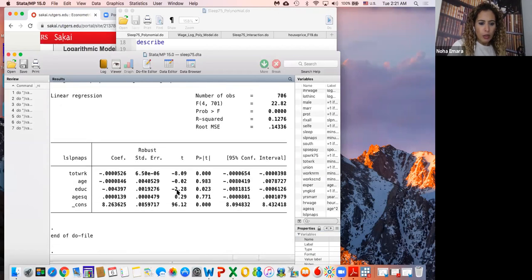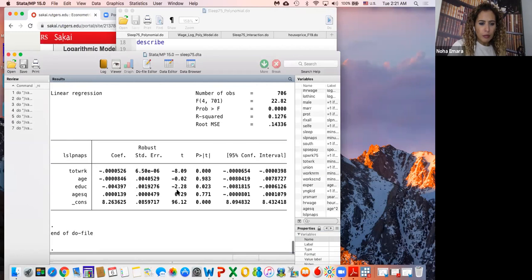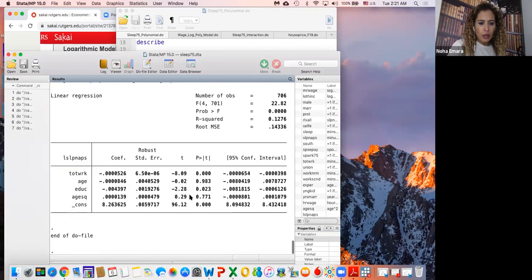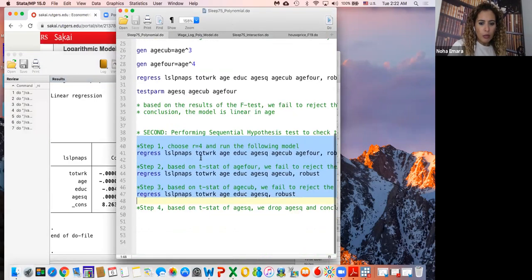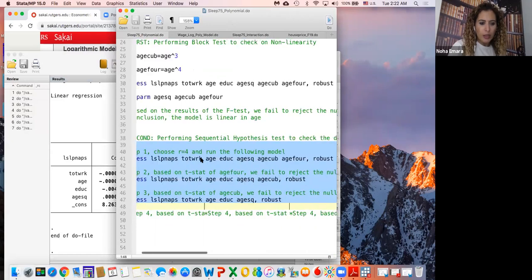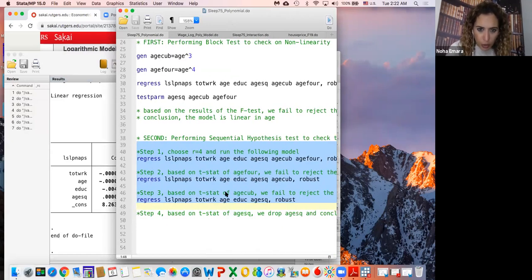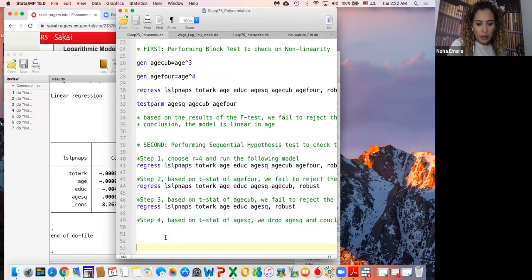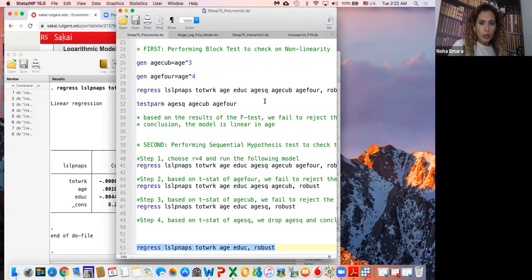What we have here is insignificant, okay? So you came to the same conclusion: we drop the age square and the model is linear. This is the best fit: the model is linear, you remove this part and your model is simply linear, and that's it. So what you did is basically take it in order.